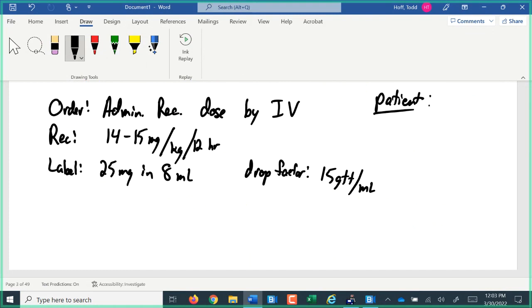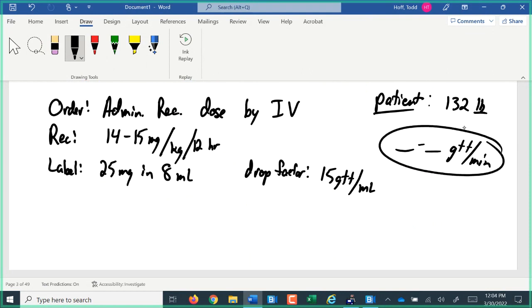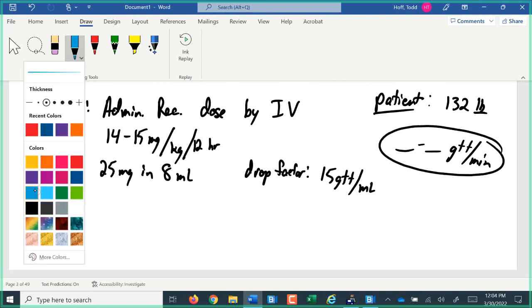First, we need to know something about our patient. This patient is 132 pounds. And what we're looking for is a range, our IV setup for drops per minute. So again, we have to convert the weight of our patient from pounds to kilograms.